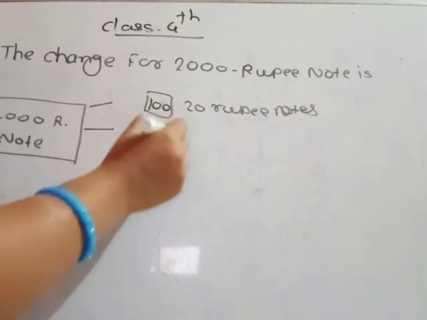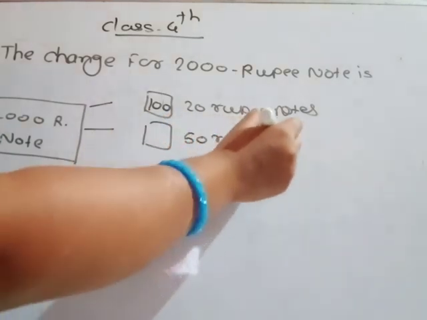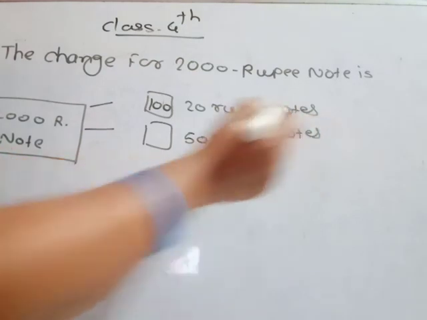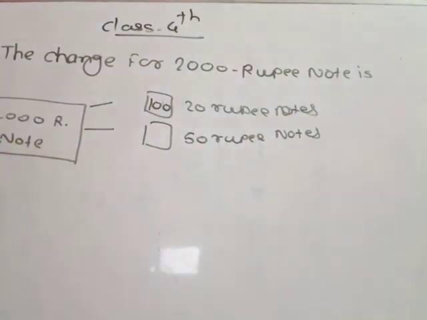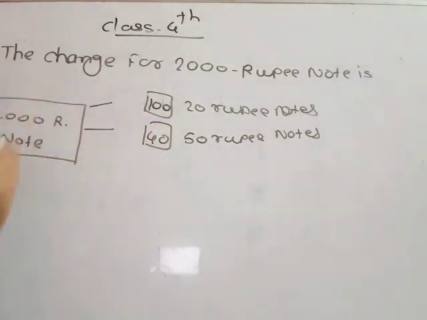Then next one, how many 50 rupee notes? 5 fours are 20, that is 2000 and the zero remains, so 40. You take 40 fifty rupee notes, then you will get this 2000 rupee note.